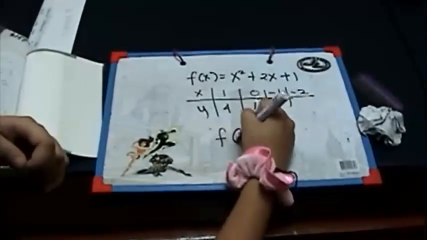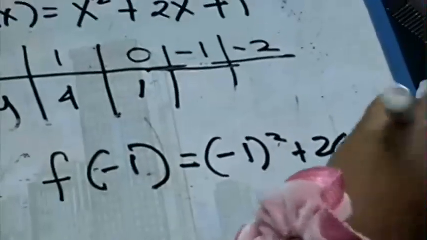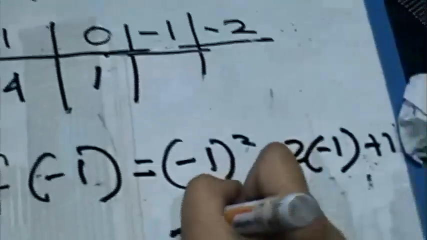Next, if it's 0, f of 0 is equal to 0 times... So let's do the same thing. So 0 plus 0 plus 1, which is equal to 1. F of -1 is equal to -1 squared plus 2 times -1 plus 1, which is equal to 0.